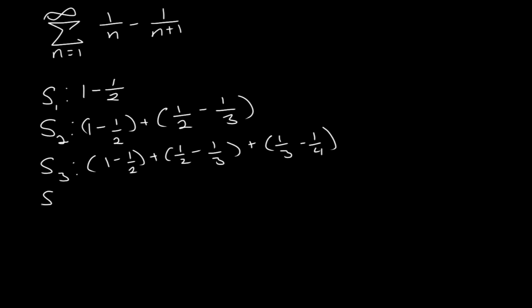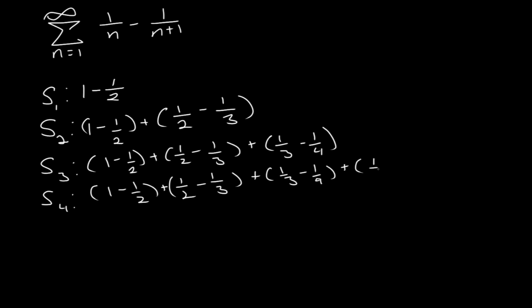And then we're going to write the final s sub 4. 1 minus 1 half plus 1 half, minus 1 third plus 1 third minus 1 fourth plus 1 fourth minus 1 fifth.